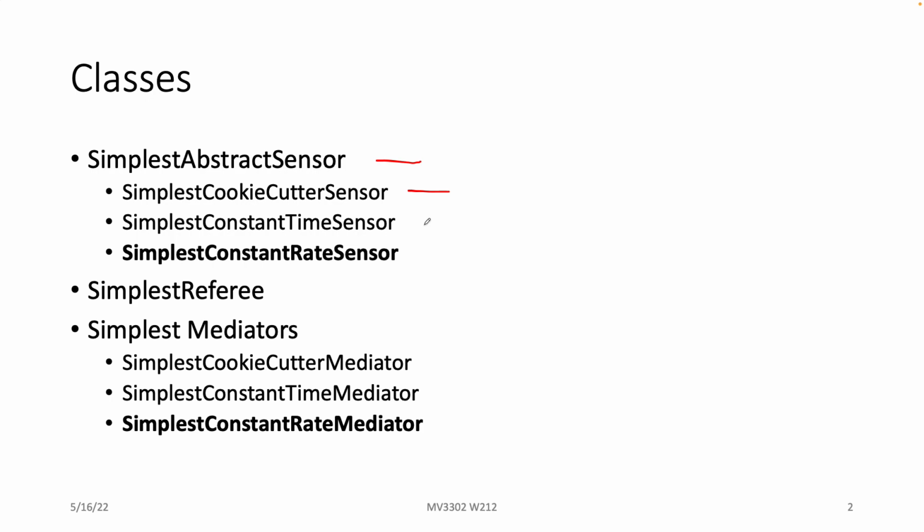In some situations, it's not as bad as you might think. Many of the models in the literature that try to do similar things like the cookie cutter sensor because it's very analytically tractable.